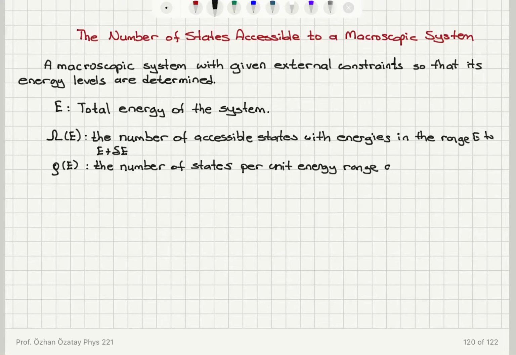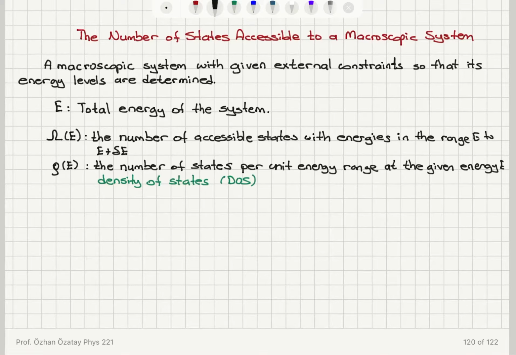So this is at the given energy. There is a very good name for rho. It's called density of states, or in short we can call it DOS, density of states.